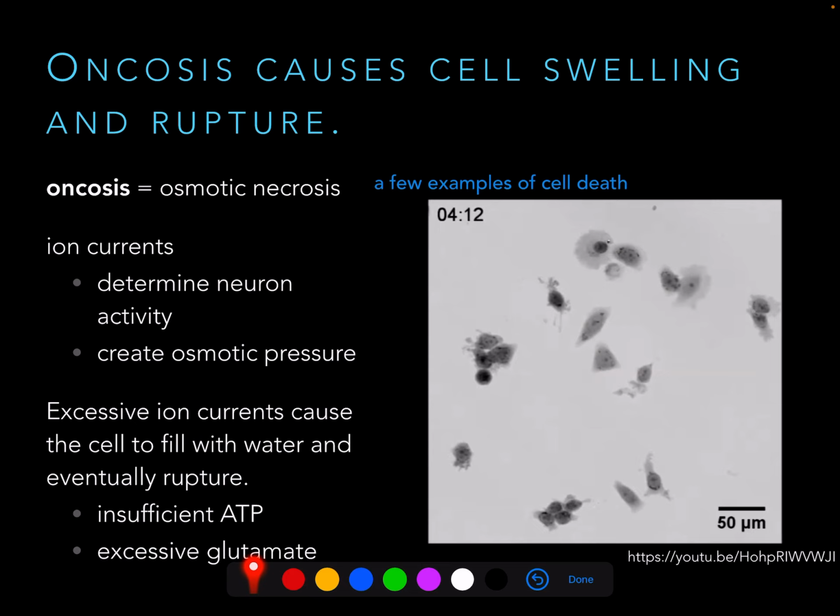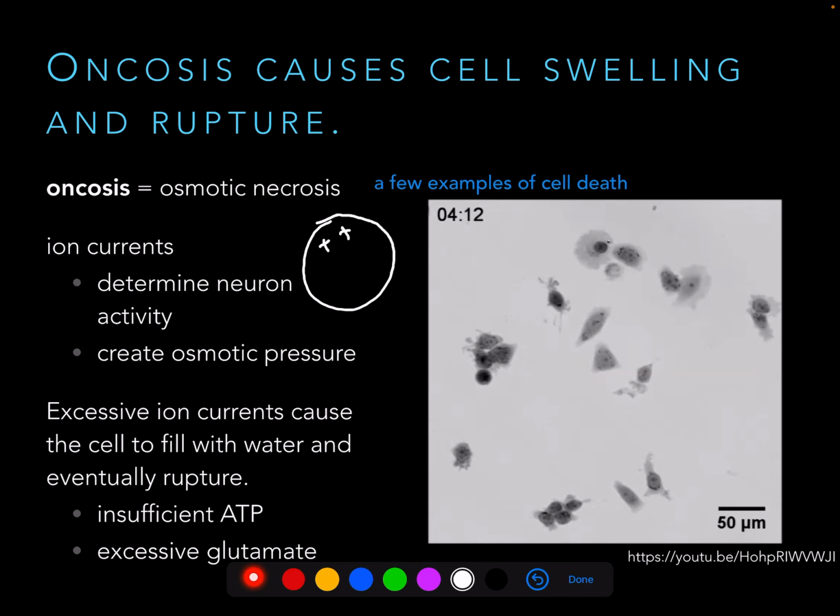We call this oncosis, that is osmotic necrosis. So the problem here is water. Too much water enters the cell, and that's in neurons, typically caused by excessive ion currents. So if we move a bunch of sodium, let's say, into the cell, so let's get us a cell here.